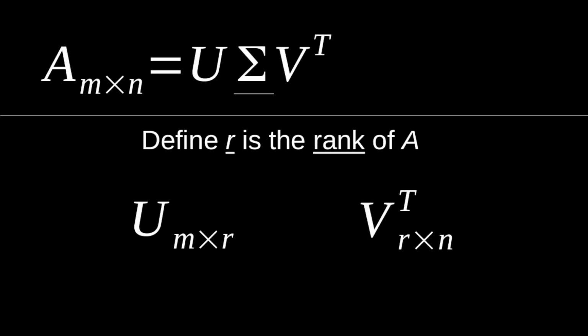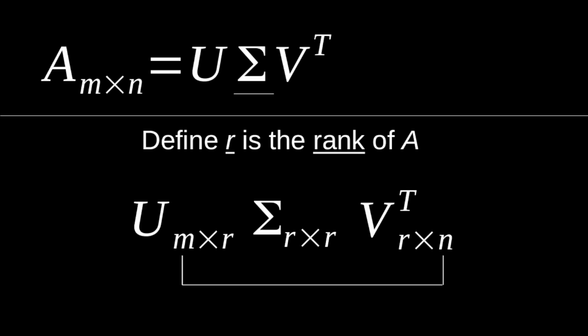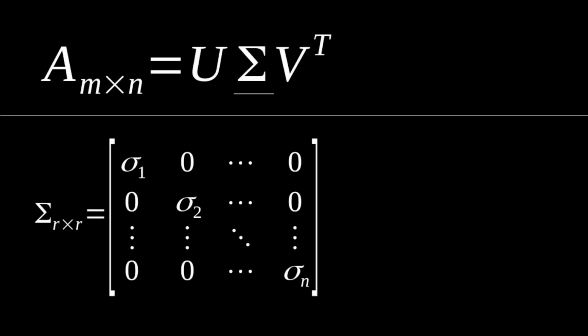This sigma matrix, again, if we define the variable r to be the rank of our A matrix, will have the dimensions r by r, making this whole matrix multiplication work out so that when we recompute our A matrix, we do get back the m by n dimensions of the matrix. This sigma matrix in the middle is going to be a square diagonal matrix with what are called the singular values along the diagonal of that matrix.